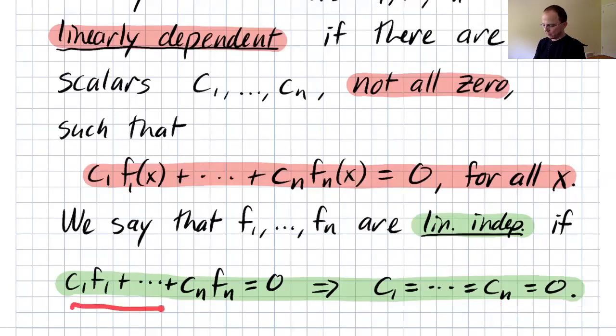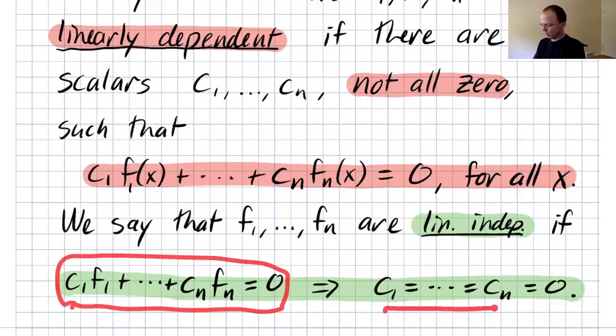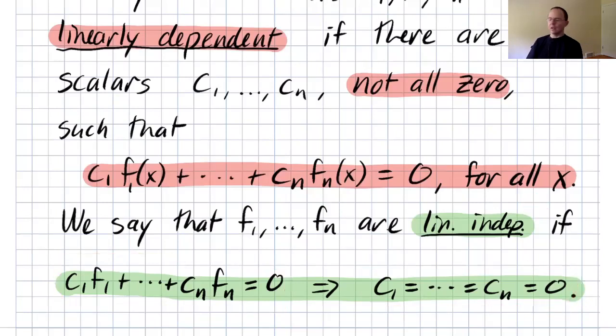So if this equation implies that all of these coefficients are 0, then we've got linear independence, and we're happy because that means there's no redundant function in this set of functions.